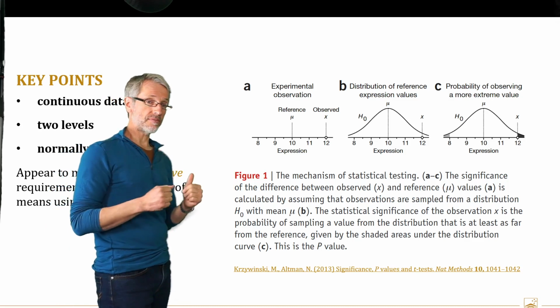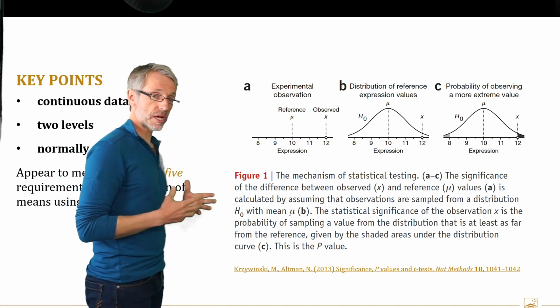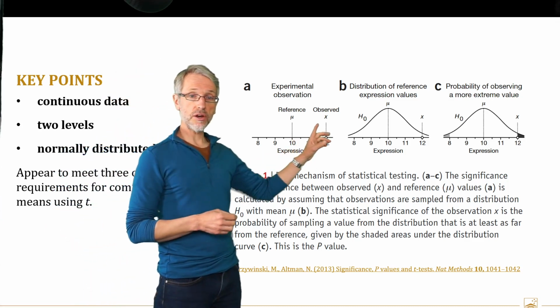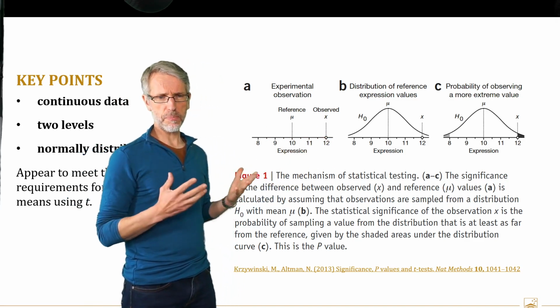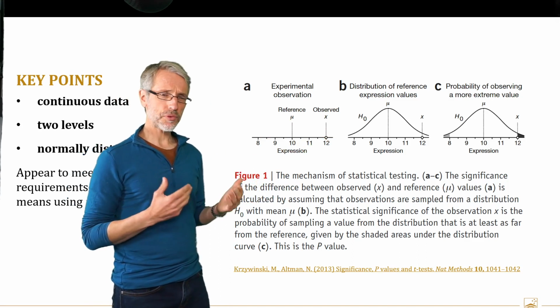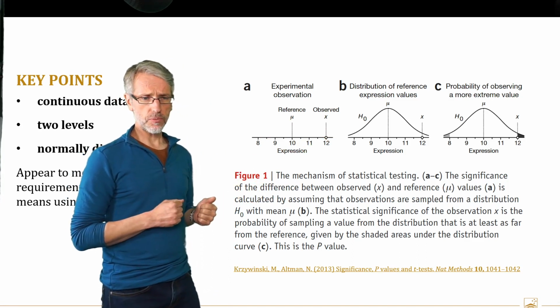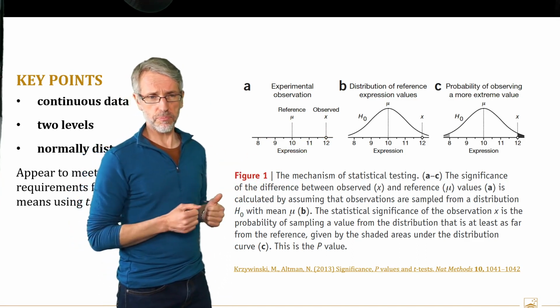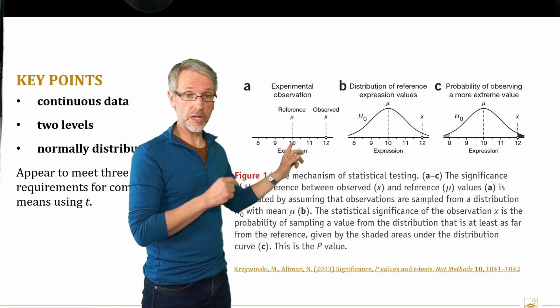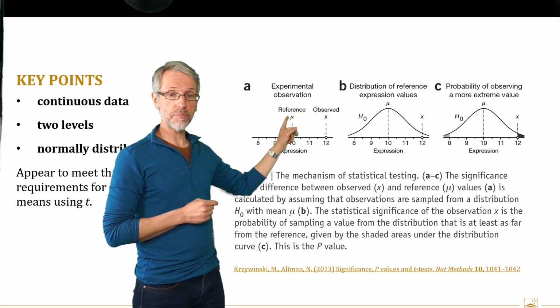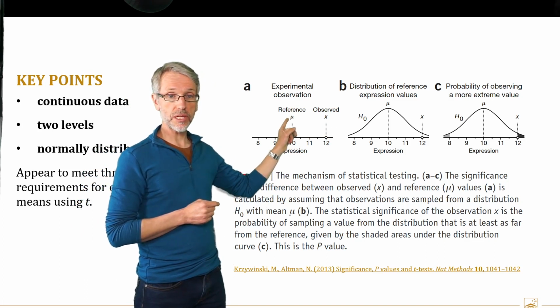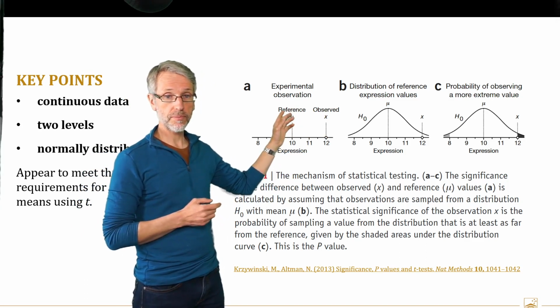Remember, in ENVS 1003, we started with the idea of testing an observed value relative to, say, a reference value, or a population value, or some threshold value that we have assumed prior to our study. So we go out, we collect data, and we calculate x, and we're going to compare it to an assumed population value, mu.